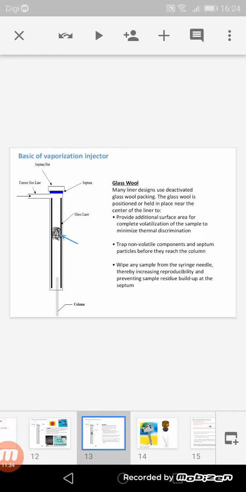It also wipes any sample from the syringe needle, thereby increasing reproducibility and preventing sample residue build-up at the septum.